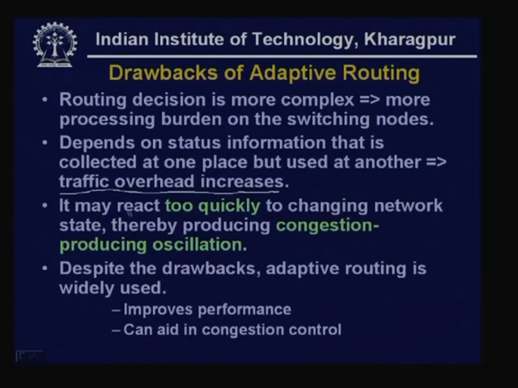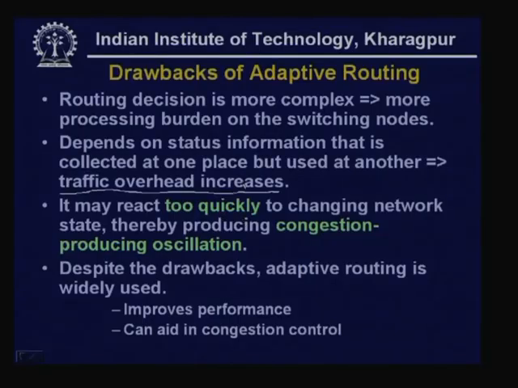And if it reacts too quickly to changing network state, it may produce congestion producing oscillation. That means, if the adaptive algorithm reacts too quickly, what happens? It may lead to congestion producing oscillation, somewhat like this.